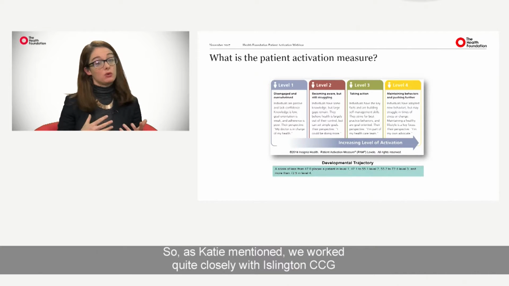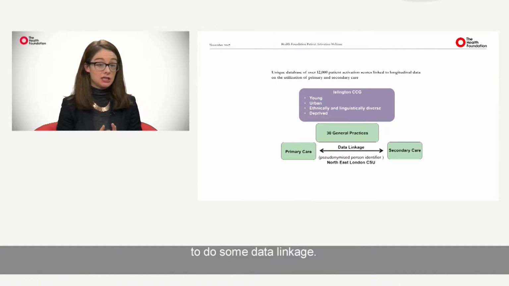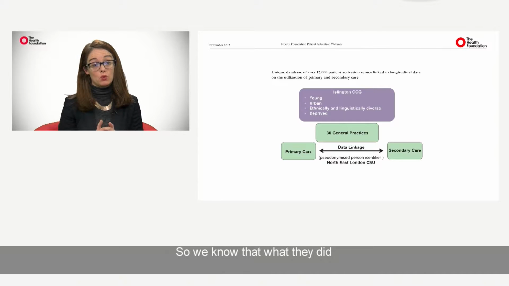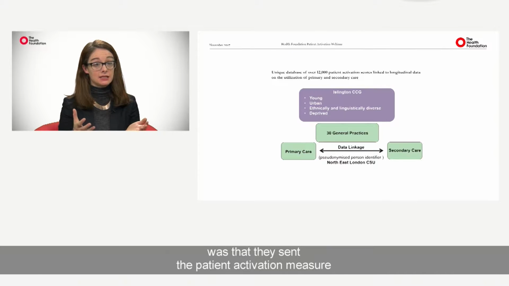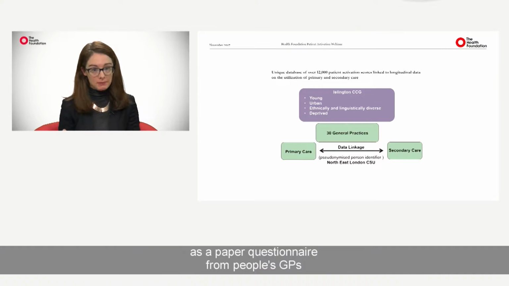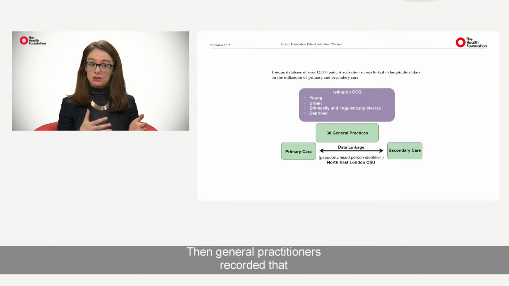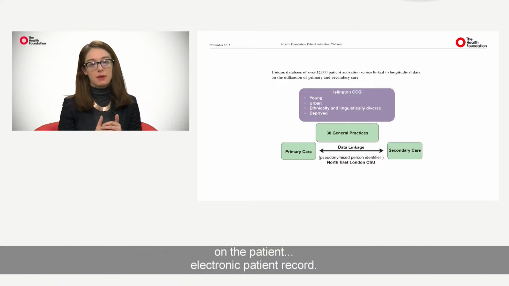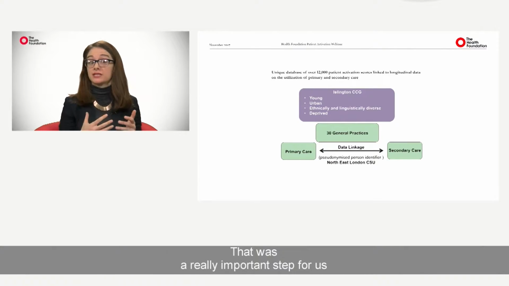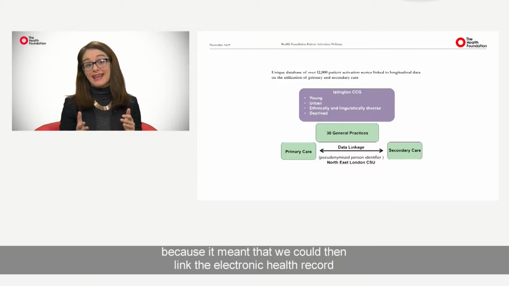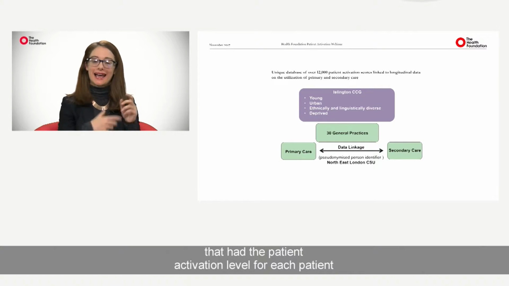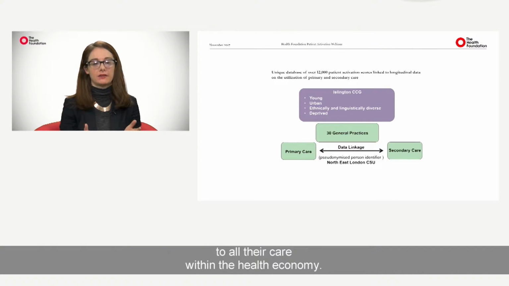As Katie mentioned, we worked quite closely with Islington CCG to do some data linkage. They sent the patient activation measure as a paper questionnaire from people's GPs, and people were asked to send them back to general practice. General practitioners then recorded that on the electronic patient record. That was a really important step for us because it meant we could link the electronic health record that had the patient activation level for each patient to all their care within the health economy.